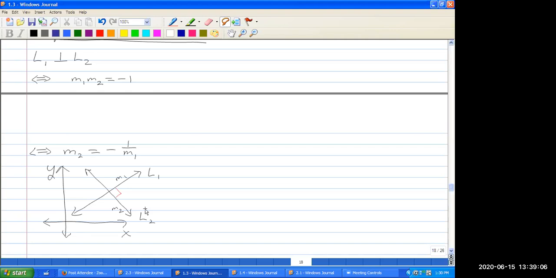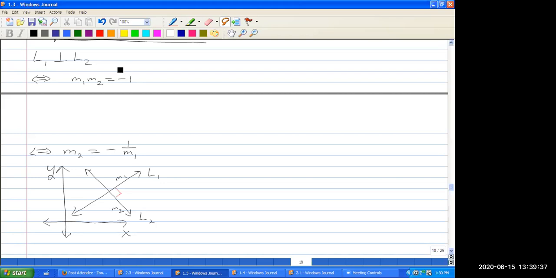Now here, I have to make some weird assumptions. L1 is perpendicular to L2 if and only if the product of their slopes is -1. This is equivalent to saying that the slope of one line is equal to the negative reciprocal of the slope of the other line. If that is true, then these two lines are perpendicular.